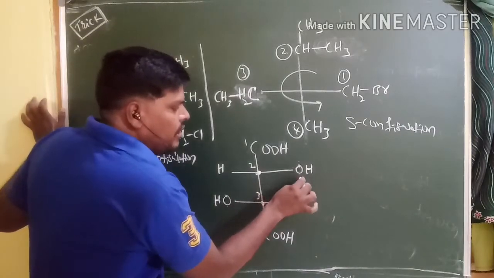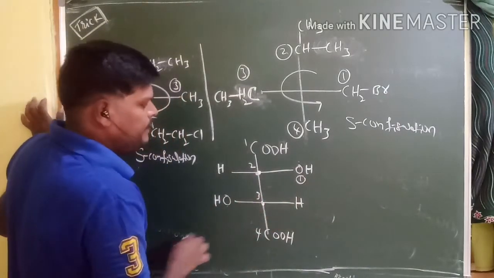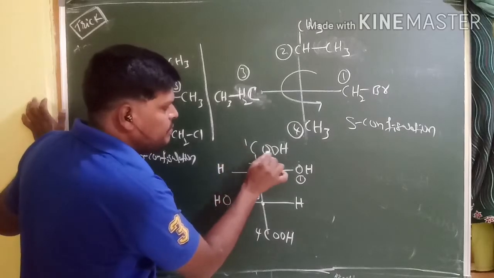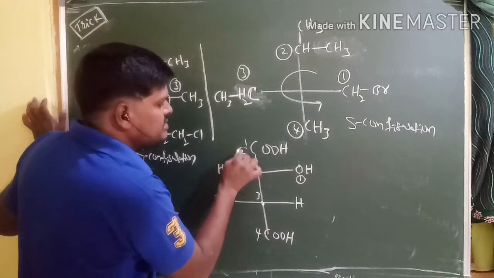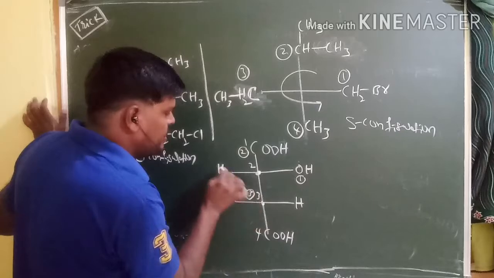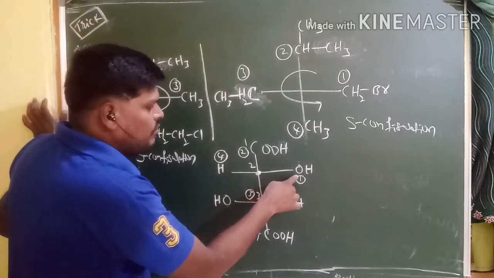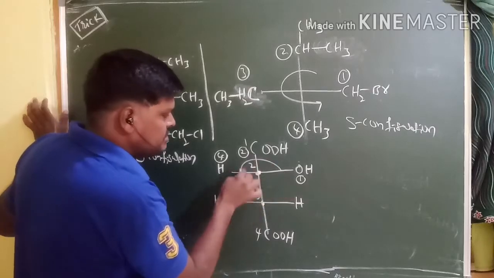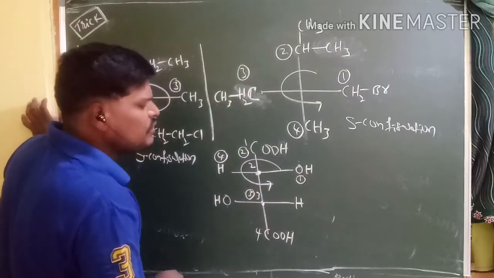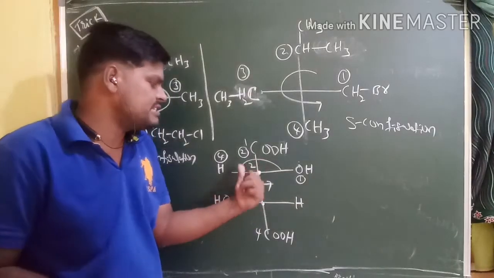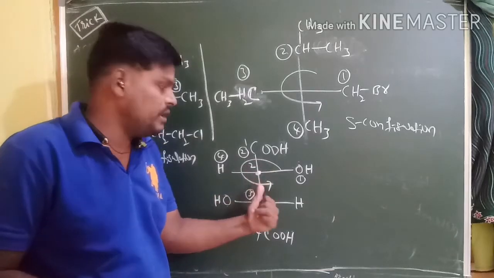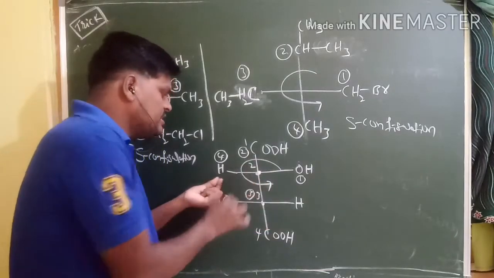Here oxygen is the first priority and COOH is the second priority, and this is the third priority, and the fourth one is the least priority here. What are the directions? 1, 2, 3. So this is the direction for this compound. What is the expected one? The expected one is S configuration, but here the least priority is on the horizontal line.